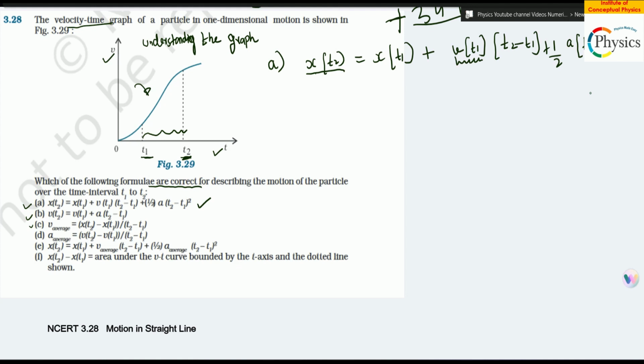Let's look in, and how do we decide that? By reading the graph. If you read this graph, what it says is that the body has been displaced.